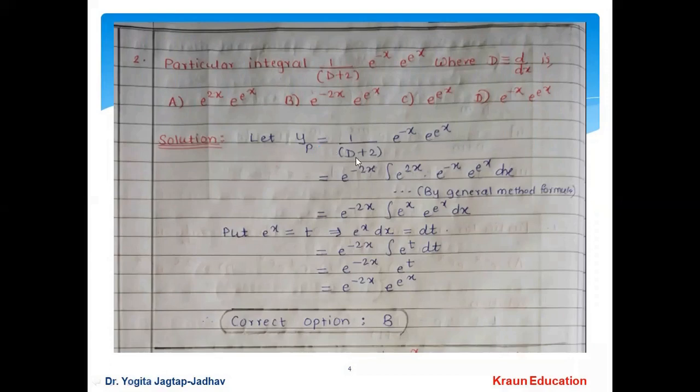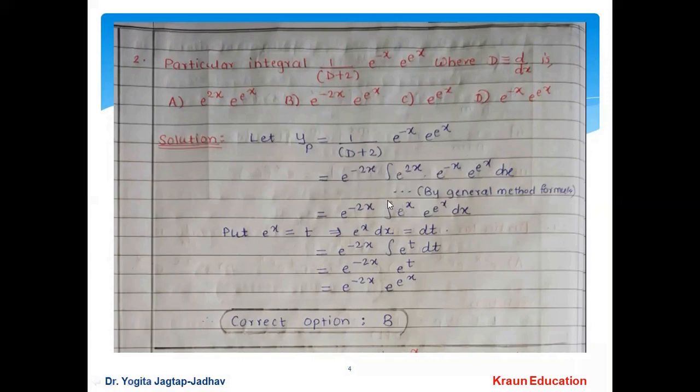Here, by employing the general method, this equals e raised to minus 2x integration of e raised to plus 2x into f of x. Now here f of x is what? e raised to minus x into e raised to x. Now you can see the base is the same. Therefore, you can add the powers, and e raised to 2x into e raised to minus x becomes e raised to x.